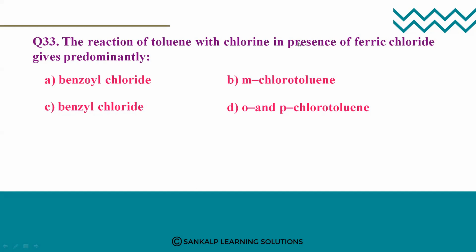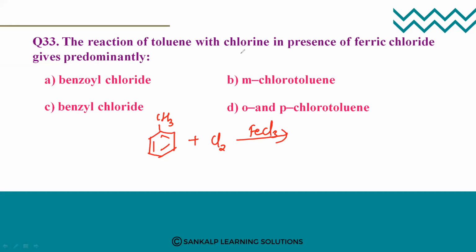I have got the answer as D. So the reaction of toluene. What is toluene? Toluene is this. You have to treat it with chlorine in the presence of FeCl3. What does it give predominantly?